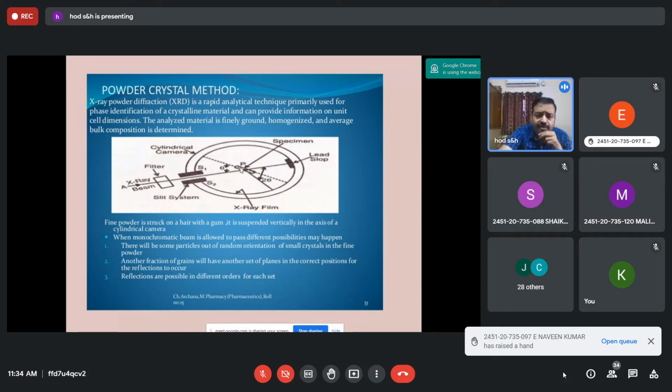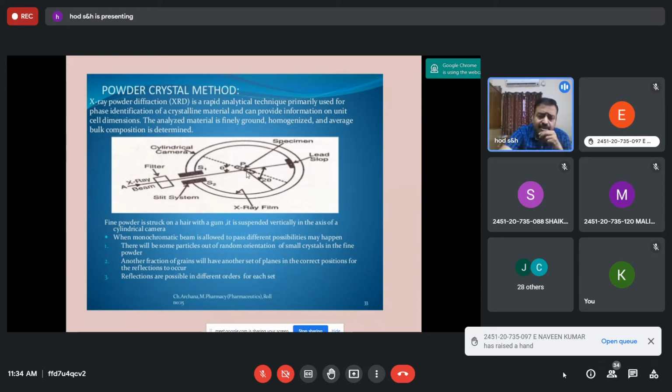At the center of the camera, there is a movable sample holder on which the given crystalline powder is taken in a glass fiber. It can be rotated. Initially X-rays, after passing through a filter, become monochromatic and pass through the slits. They are made sharp, then incident on the crystalline powder placed at the sample holder.